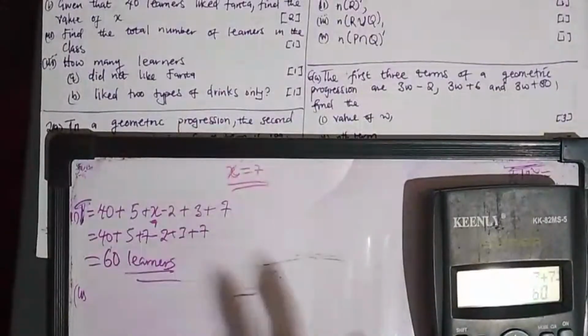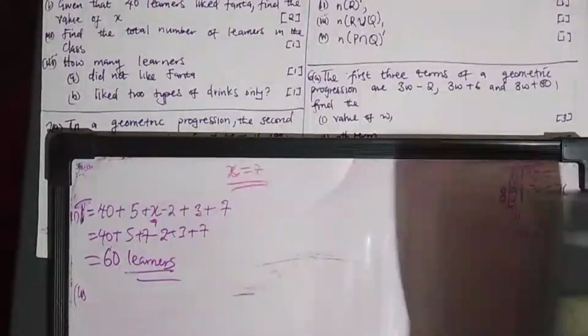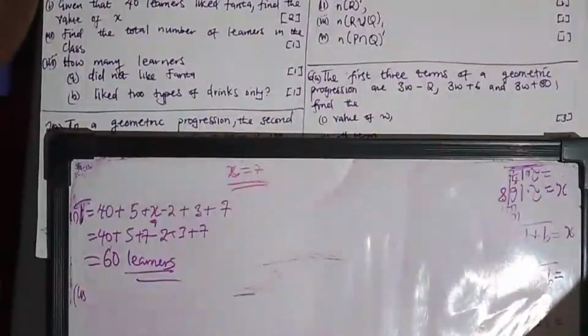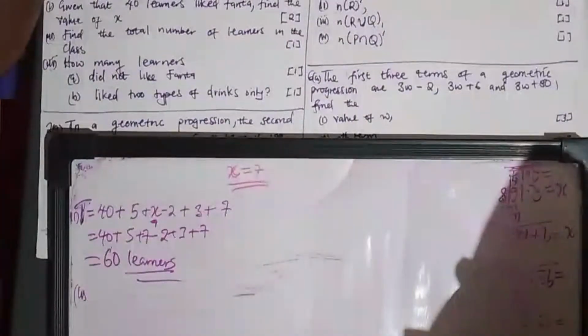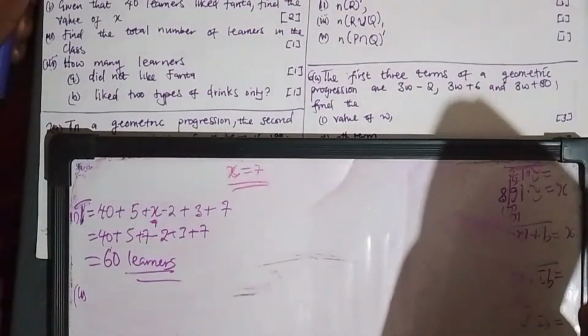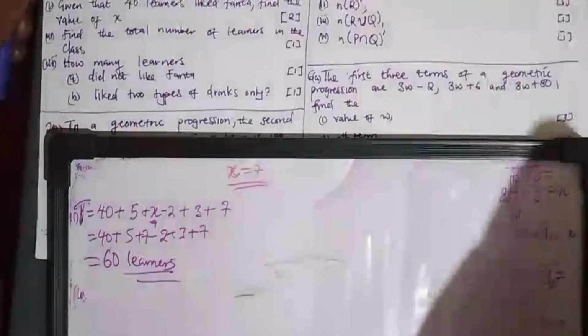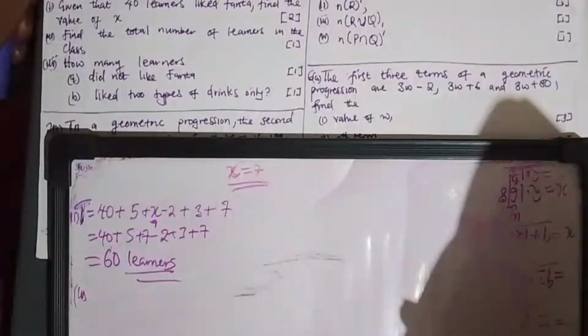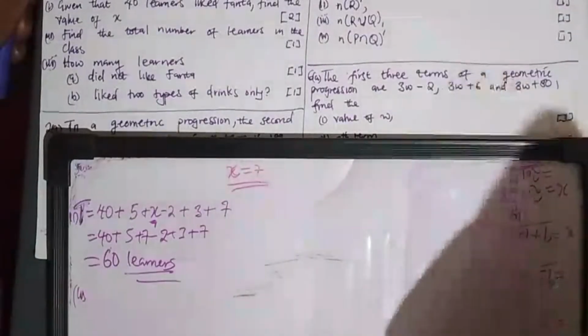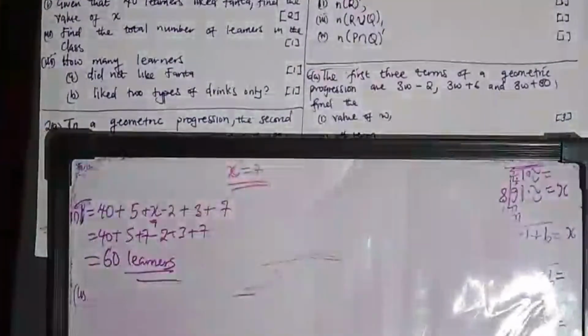So the learners who didn't like Fanta are those learners who are not present in this set. So you do well to cover the set so that we know those students who didn't like Fanta. Yeah.